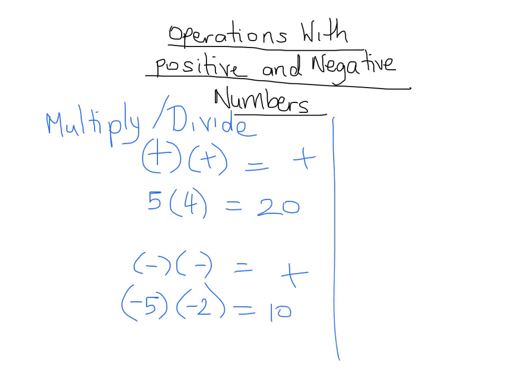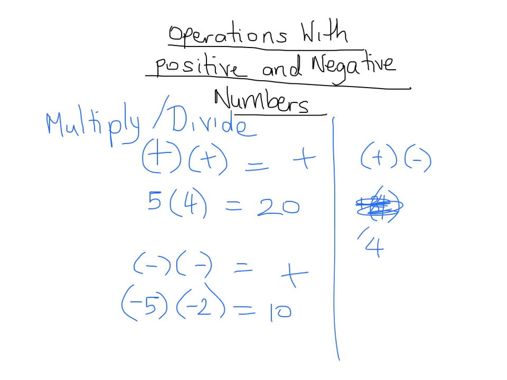However, if we're multiplying or dividing numbers with different signs, the answer is always going to be negative. So for example, let's do plus, minus, if we're multiplying different signs, so let's say positive 4. That's so messy.